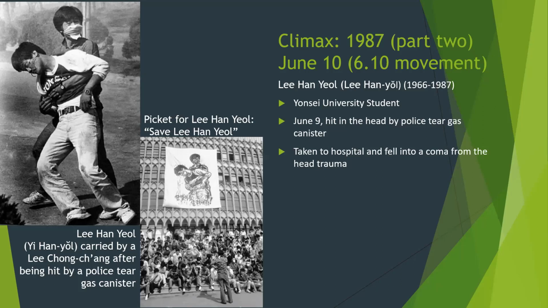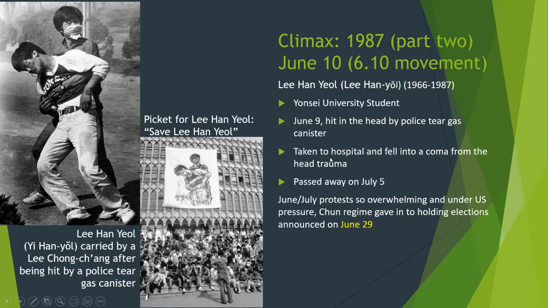But the fervor from this situation continued throughout the month and eventually the demonstrations overwhelmed the police. Chun Doo-hwan was also under pressure from the United States to not use military force this time to quell the movement. So the regime announced officially on June 29th that they would cede and hold free elections later that year.